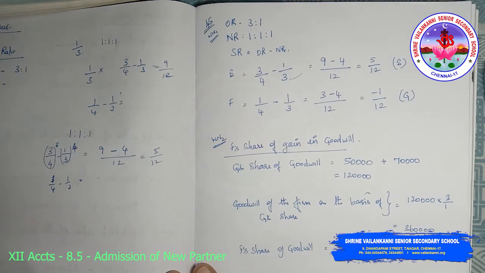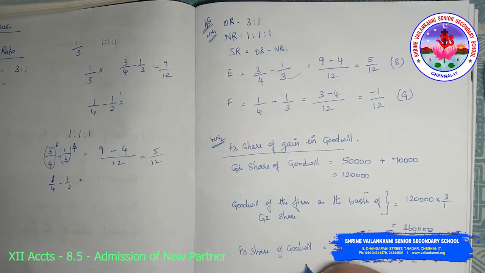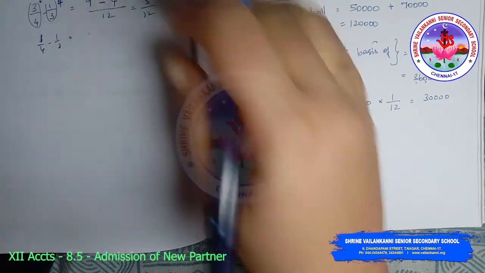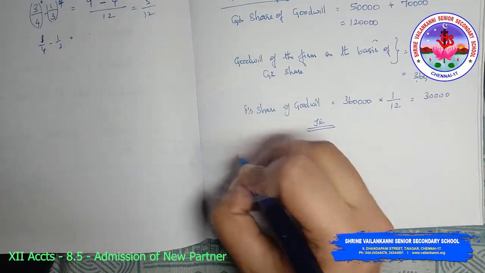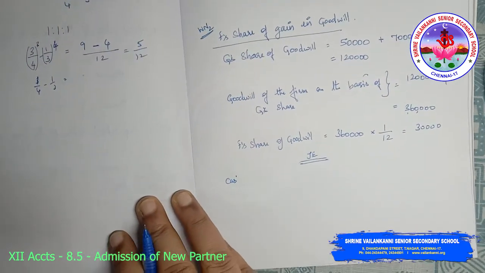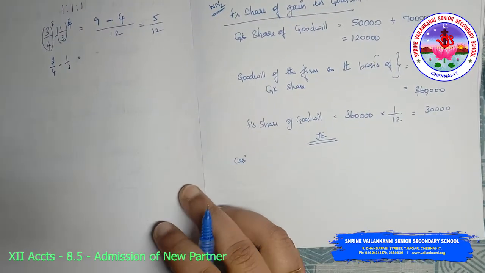So with this, we are going to prepare the journal entry. So I just prepare it here. So the journal entry is going to be, G has brought cash as well as machinery.